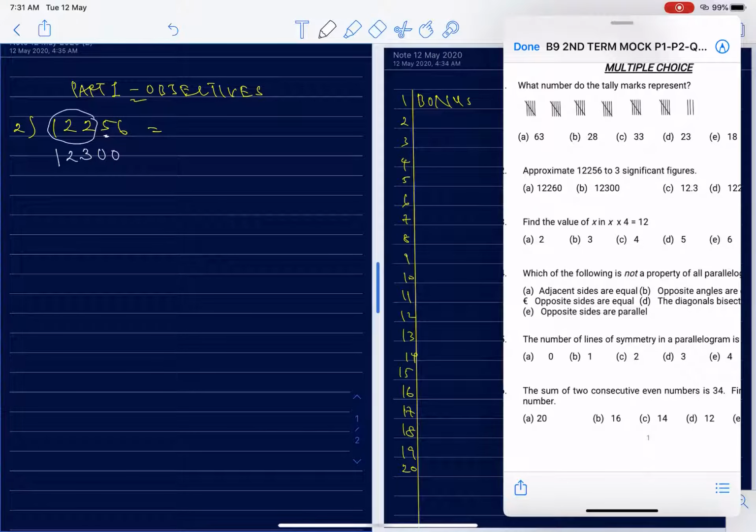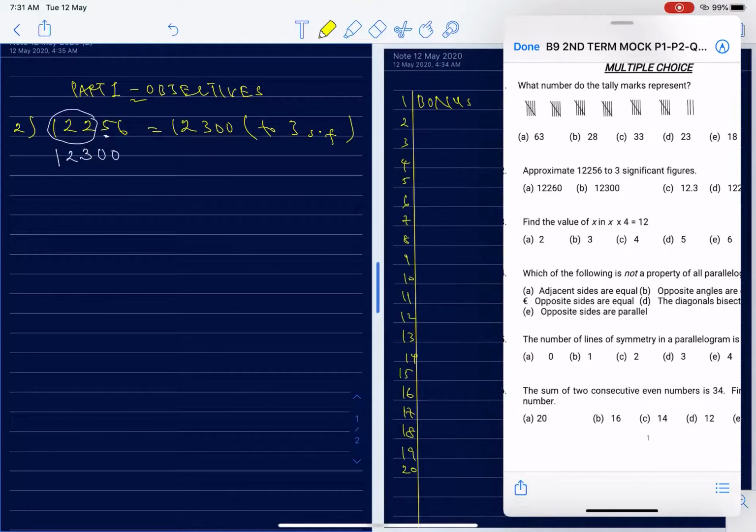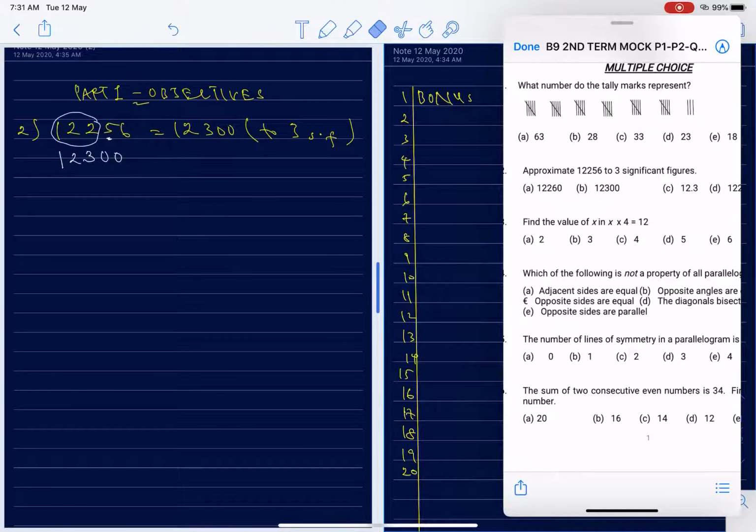So 12,256 to 3 significant figures is the same as 12,300 to 3 SF. And the correct option to that is 12,300. That's B. Now we move on.